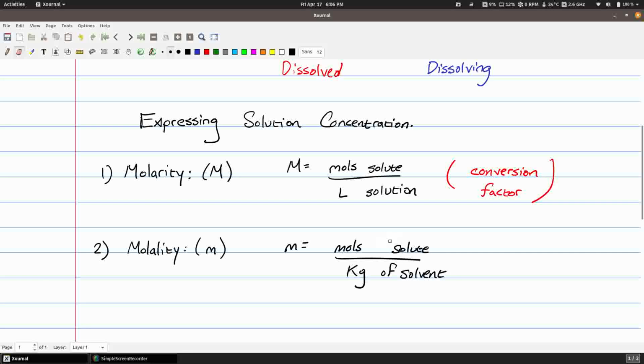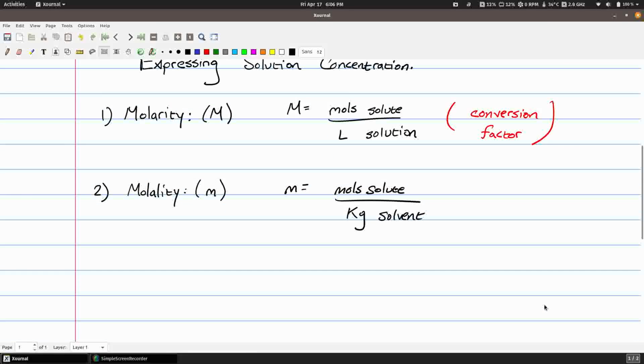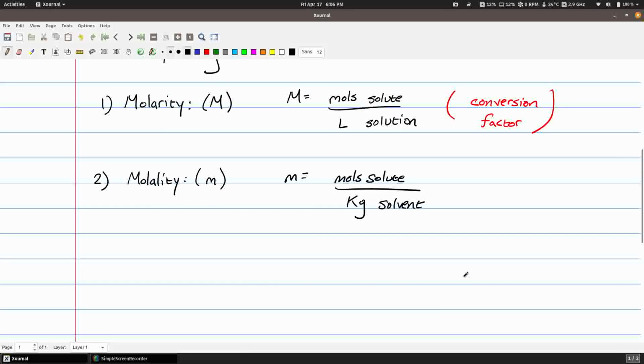So this is used more for industry and stuff like that. It's not really used too often, but there are specific cases when you'd use it.